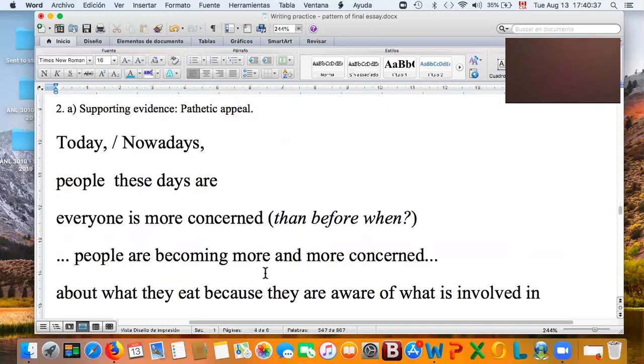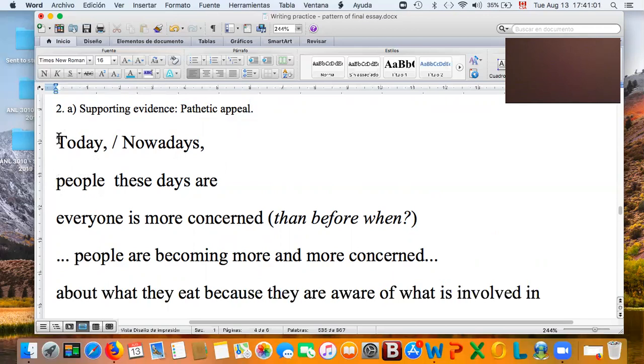Point two. Well, point two is A, B, and C, the three types of supporting evidence. And for the illustration, this writer has agreed to follow my pattern, which was to put the pathetic appeal first. Go first for pathos. Well, you have different ways you can start.